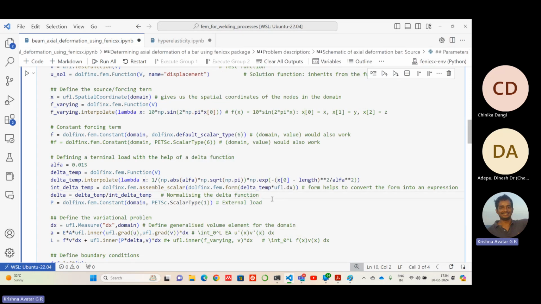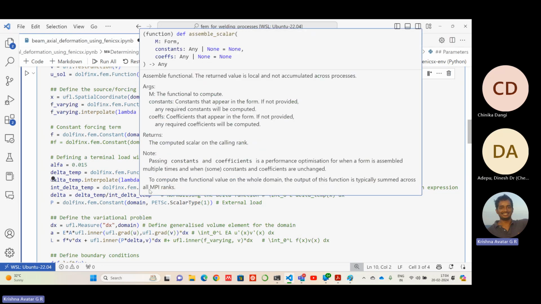This is equivalent to integrating over 0 to L delta temporary, which is a function of x, into dx. It will automatically calculate the integral, and then it assembles it as a scalar.